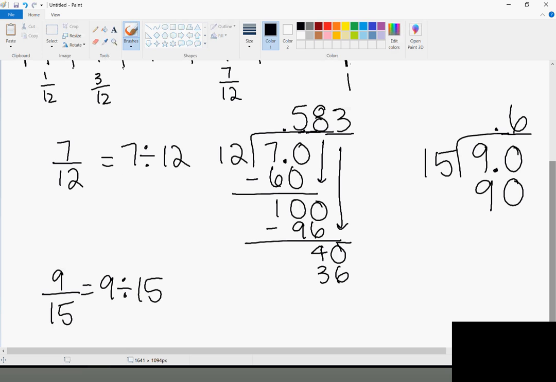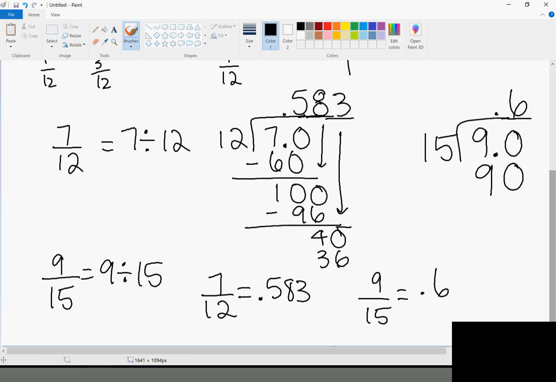Okay, so now, very easy to compare. So 7 over 12 equals 0.583, and 9 over 15 equals 0.6. Now remember, if we compare decimals, let's make them have the same number of decimal places. Let me put 2 zeros here.